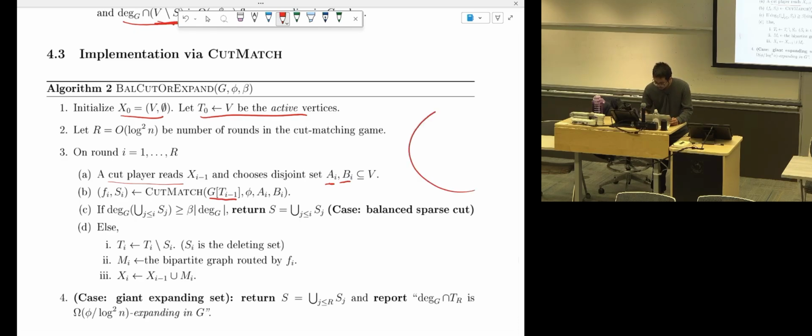Let's say in the beginning everything is active. We have A and B. And then it's going to return some cut, and some flow.